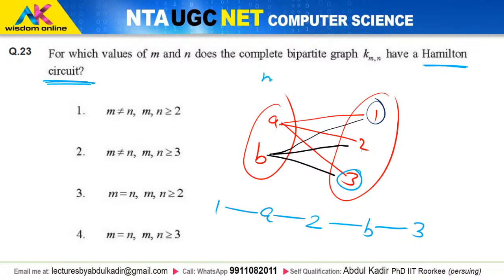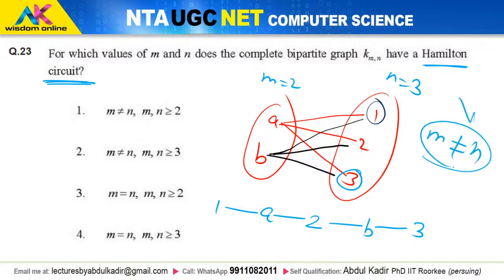Remember here m is equal to 2, n is equal to 3. So basically when m is not equal to n, you can see that there is no Hamiltonian circuit.